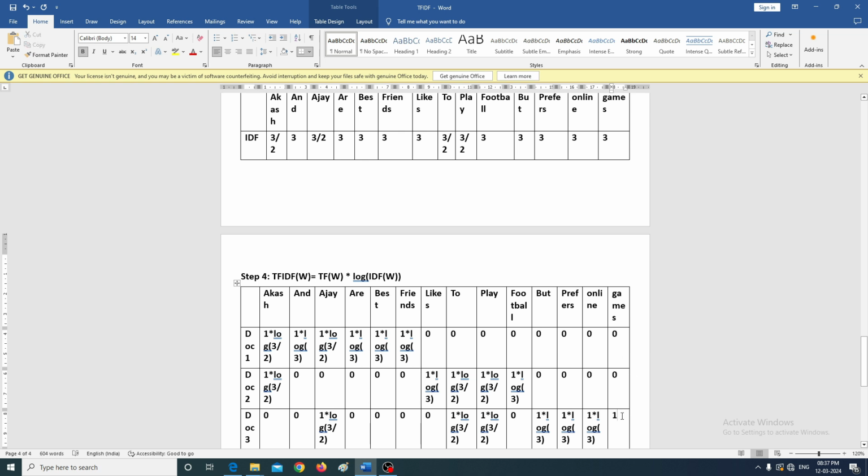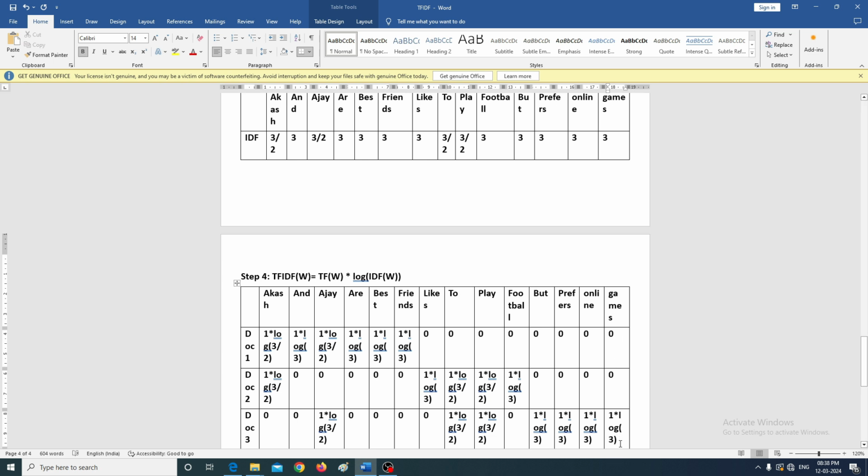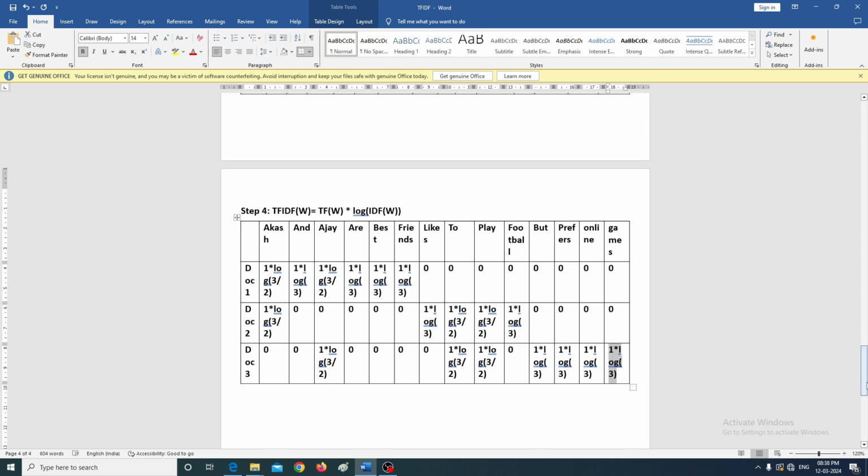One is the term frequency for the games word. I am multiplying this with log of IDF of games word, which is 3. Here 1 into log of 3 is the TF IDF of games word.